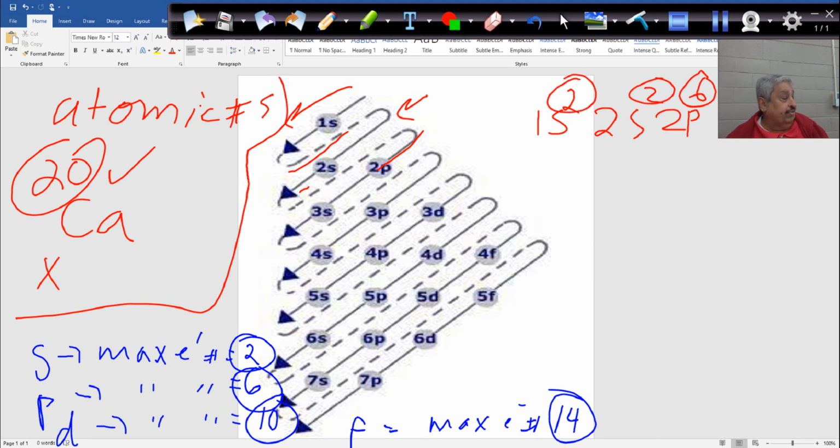That's 10, correct? Now I have to go further. 3s2, that's 12. Correct? Is this following? 1s2, 2s2, 2p6. That's 10, and 3s2 is 12, and 3p6.